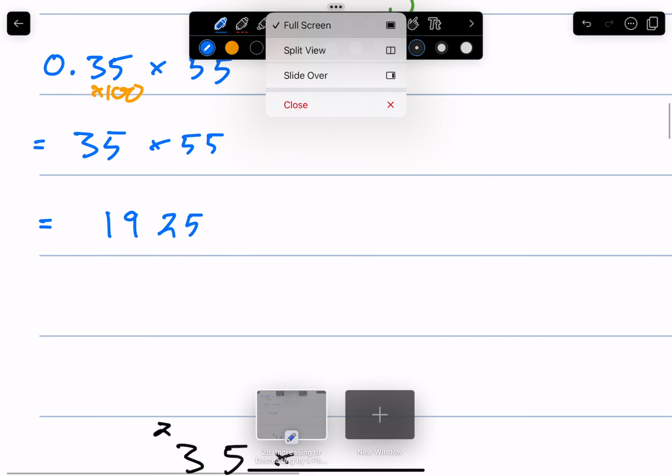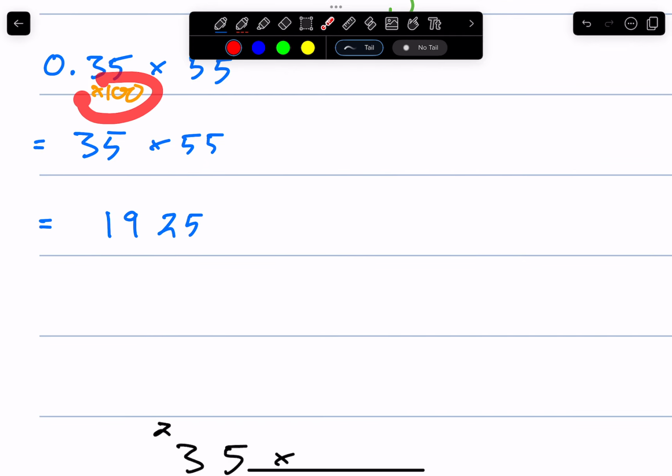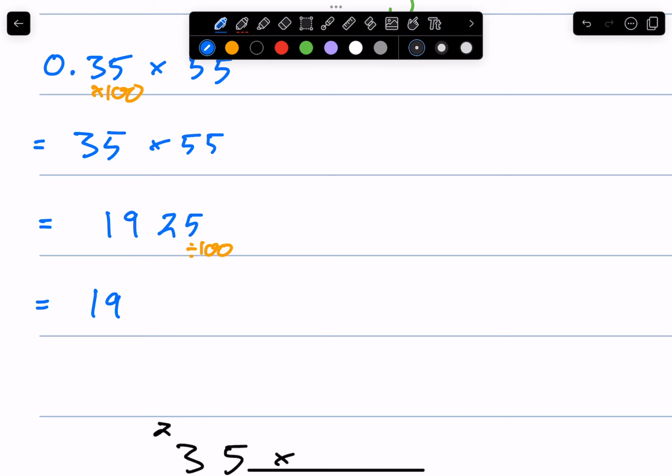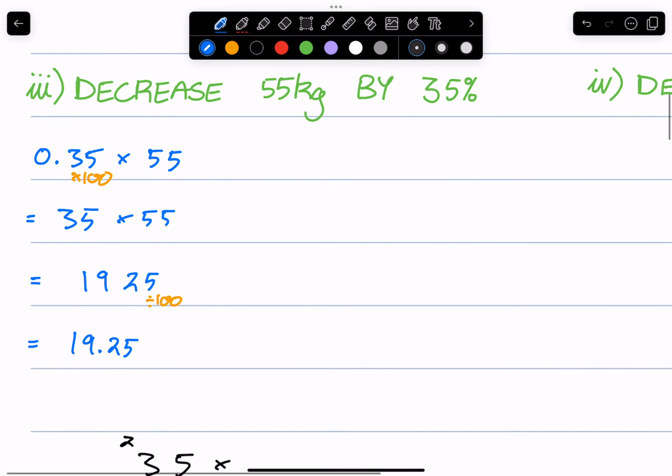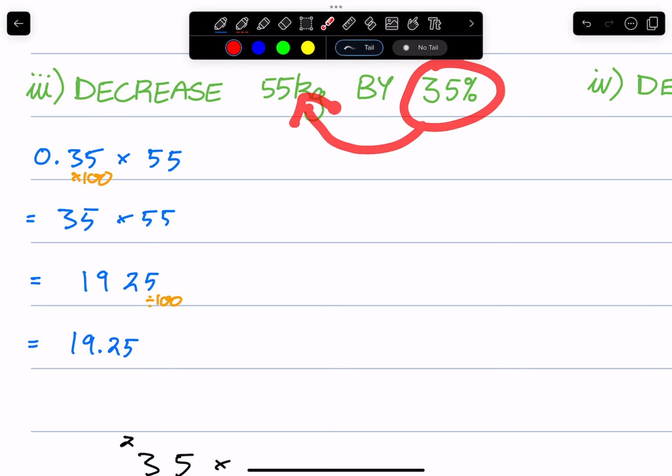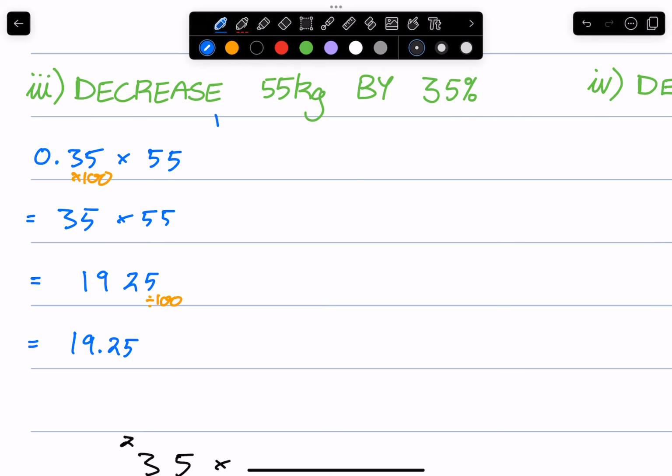But since we've multiplied by that 100, we are going to divide by 100. So that moves the decimal place 2 spaces. 1, 2. This gives us 19.25.